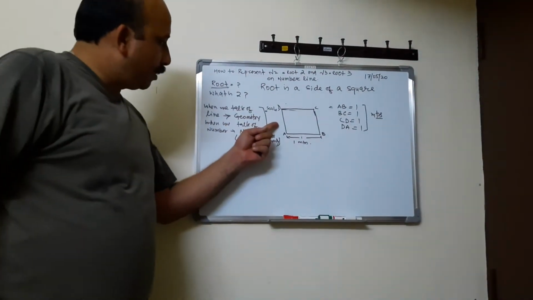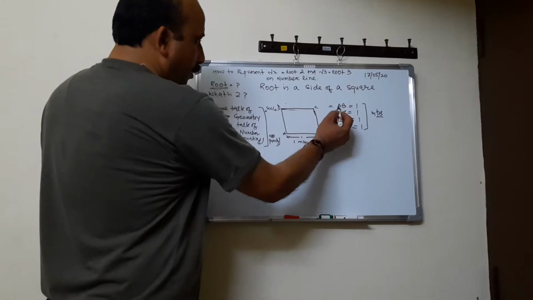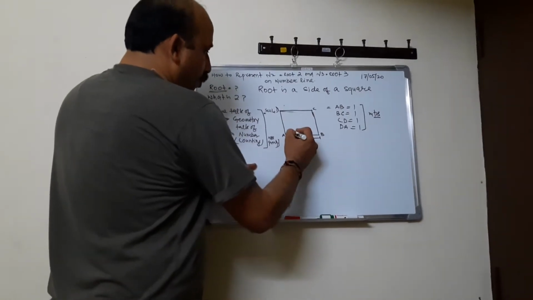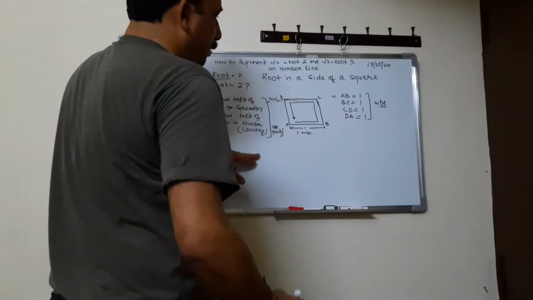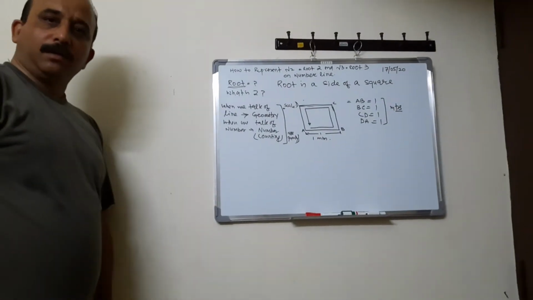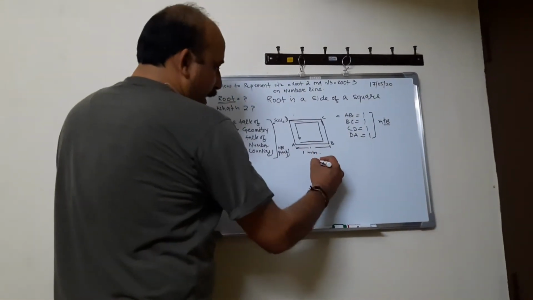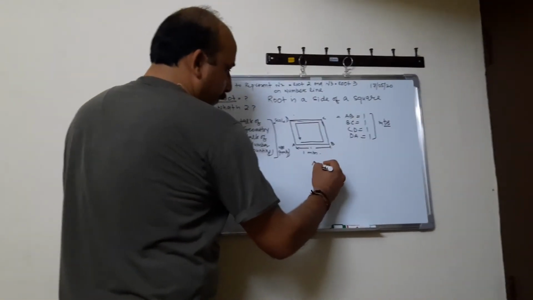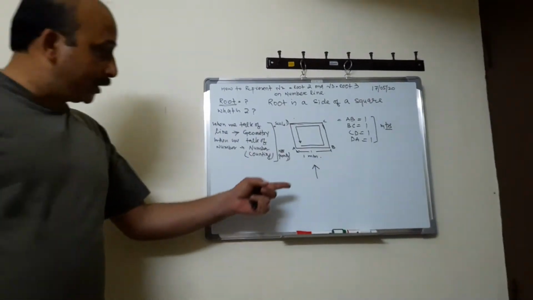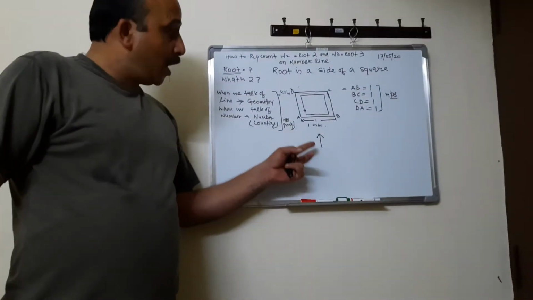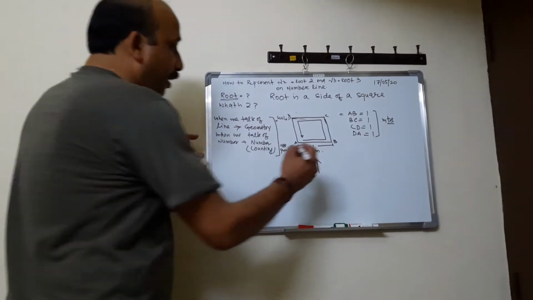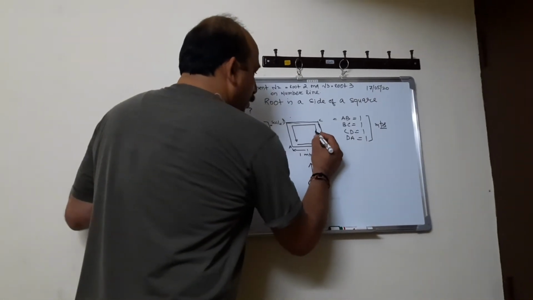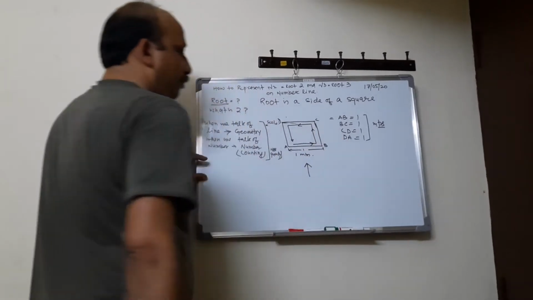So this square, and we have seen the nomenclature. We have moved from A to B, B to C, C to D, D to A back. This is called the travel path. And we are seeing in this direction. So the direction in which you are seeing it and the path that you are taking is very, very important, so as to not miss it.